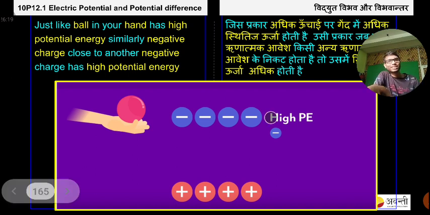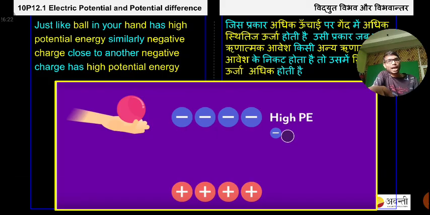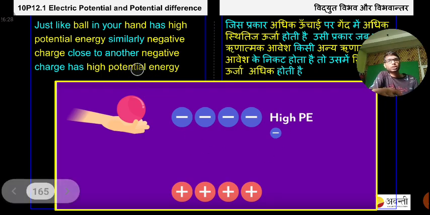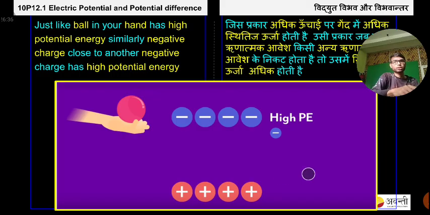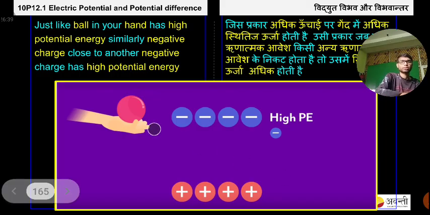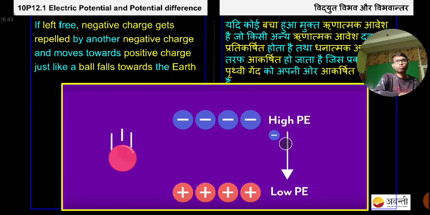The more height, the higher the potential electric energy. This is a low potential energy and this is a high potential energy.